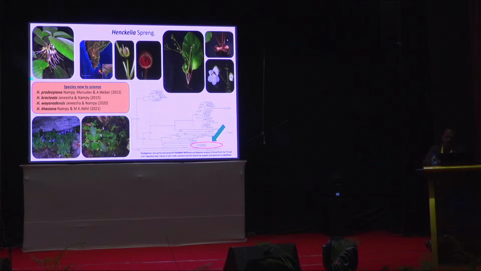My student Janisha is working on these unusual characteristics. She has made a phylogenetic analysis and found that it also forms a separate clade in the molecular analysis. So it is a very interesting discovery on a particular species on the morphological side, and we are again working on in what way it has some evolutionary significance.